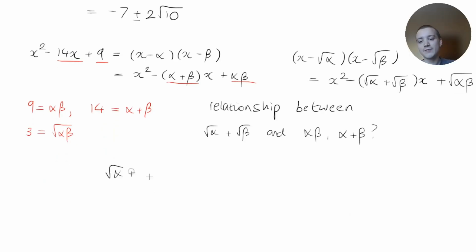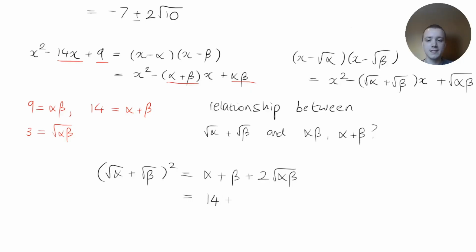Let's say we write out root alpha plus root beta and square it. We're going to end up with alpha plus beta plus 2 times root alpha beta. So we know root alpha beta is 3, and we know alpha plus beta is 14.